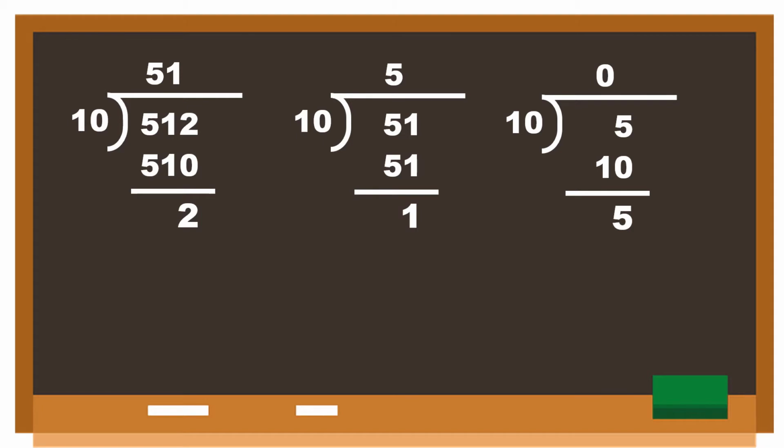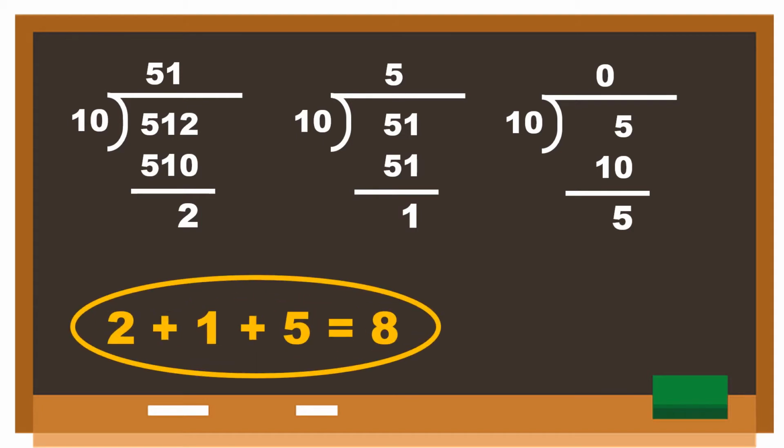So it gave you all the digits separately in the remainders, and when you add all these, you get the summation of all the digits present in your number, that is 8.